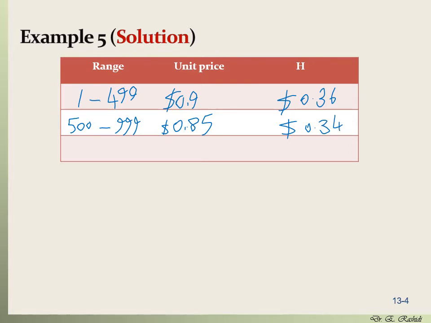And the last range is if they purchase 1,000 toggles or more, they're going to get another 5 cents discount, so the price would be 80 cents each. And the carrying cost would be 40% of that, which is 32 cents.